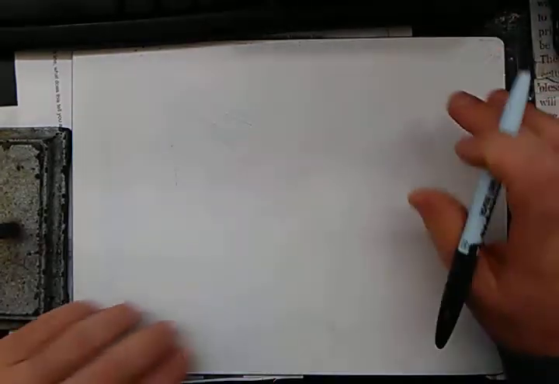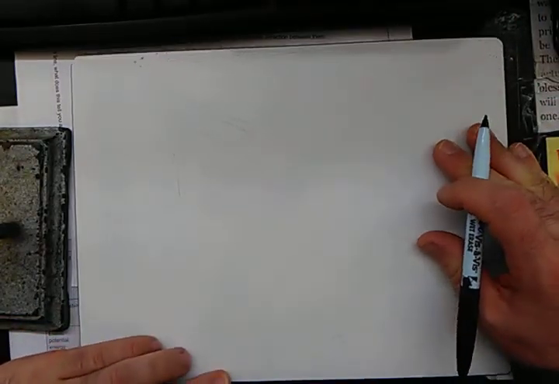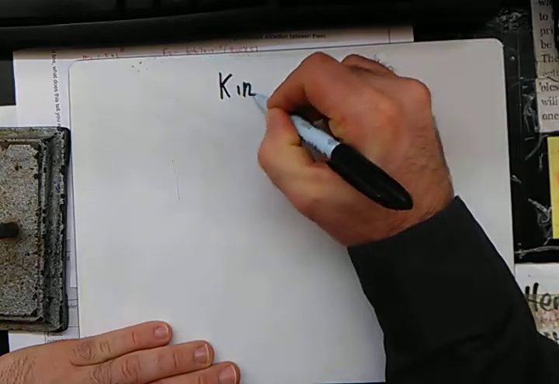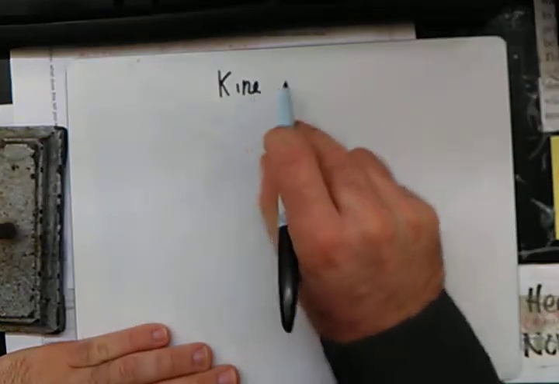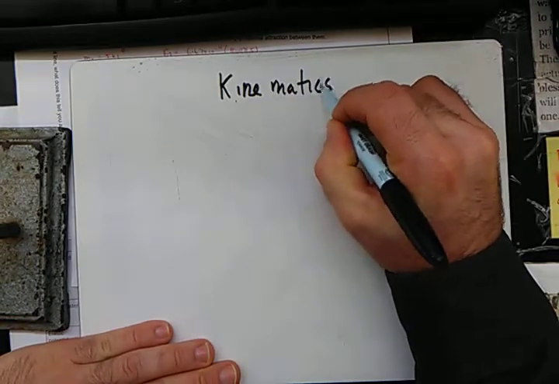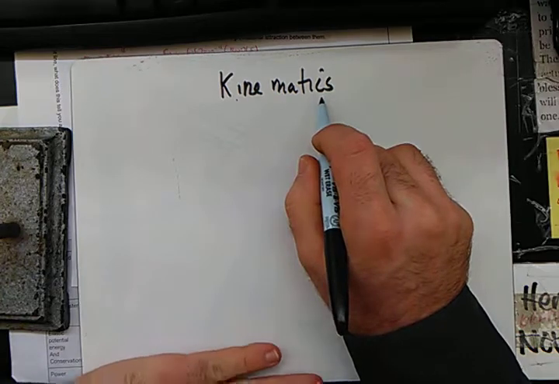Okay, so we're getting into the real physics here. We're starting our unit of kinematics, and when we think of the term kinematics, the word stems from kine, which means movement, and matics is the calculation of.